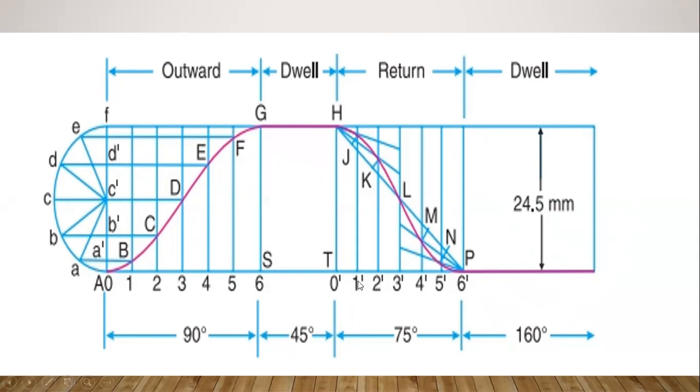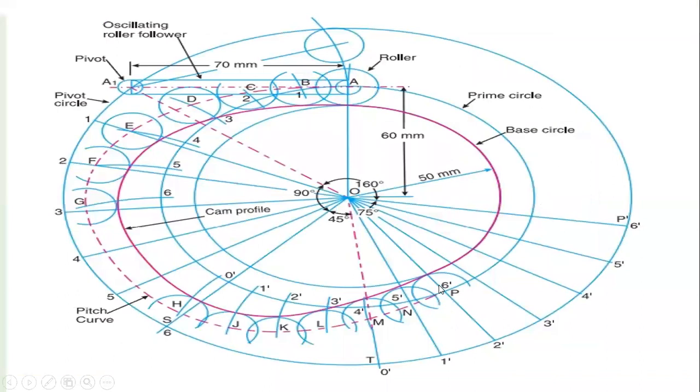So by the length, that is 1 dash to J, 2 dash to K, 3 dash to L, 4 dash to M, and 5 dash to N, take the length as that one, and we have to cut it and draw the lines.